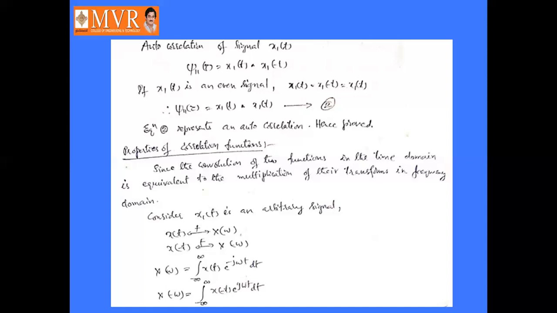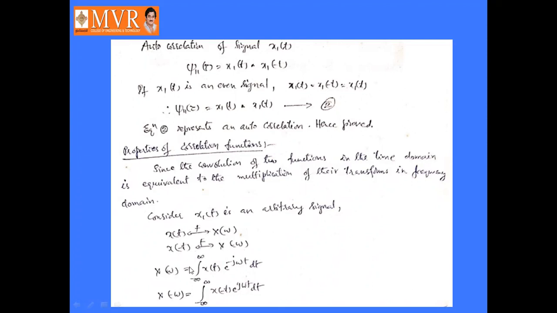Consider x of t is an arbitrary signal, then the Fourier transform of x of t is x of omega, and the Fourier transform of x of minus t is x of minus omega.